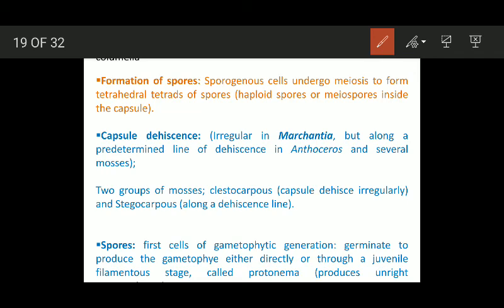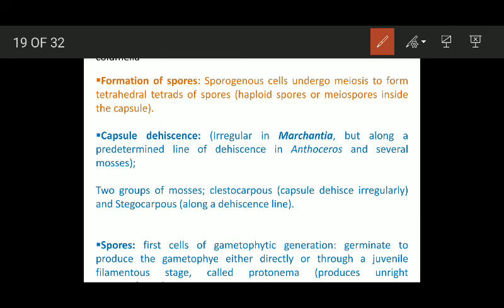But in case of Anthoceras and several mosses, the capsule dehisces along a predetermined line of dehiscence. That means the capsule has a particular region where dehiscence starts. Clear? So in Marchantia the dehiscence of capsule is irregular, but in case of Anthoceras and mosses, the capsule dehiscence is along a predetermined line of dehiscence.